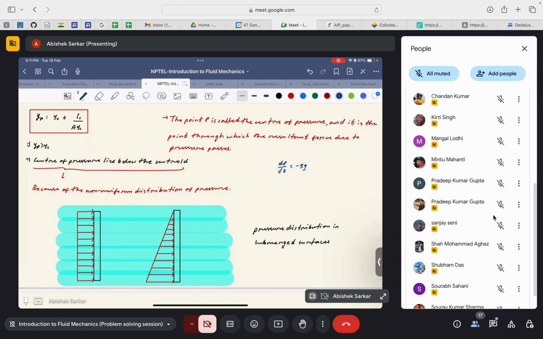So you can write P of Z is minus rho gz. Here you can see that the magnitude of this pressure force increases with depth. So it's a function of the depth in which the body is placed.